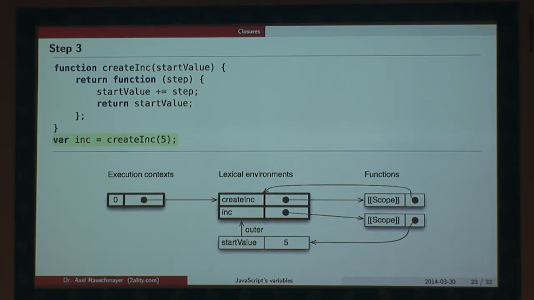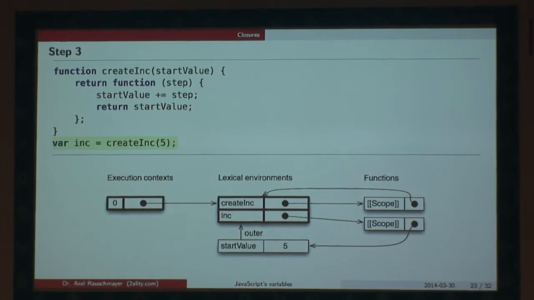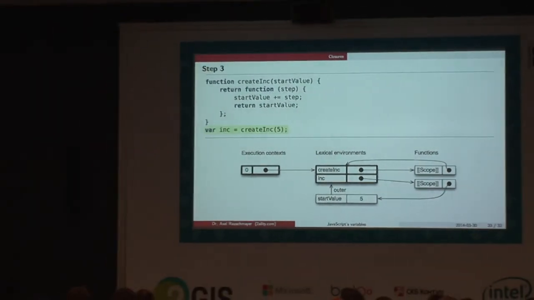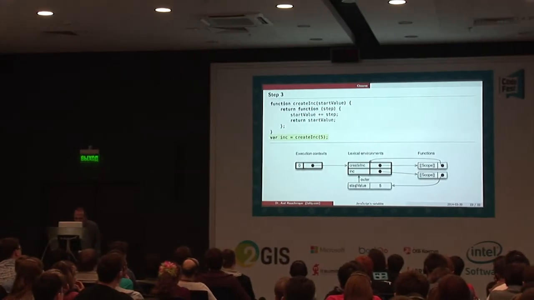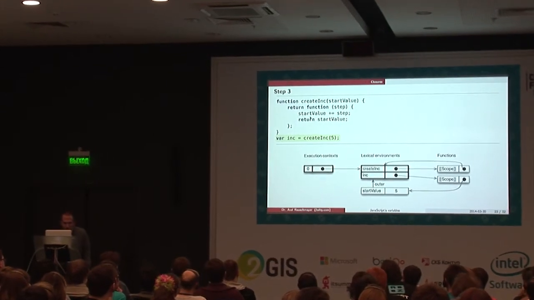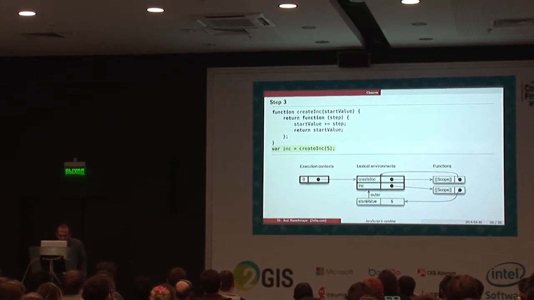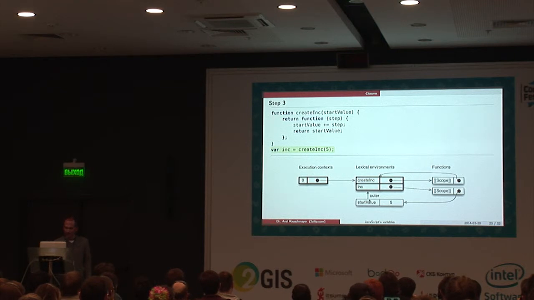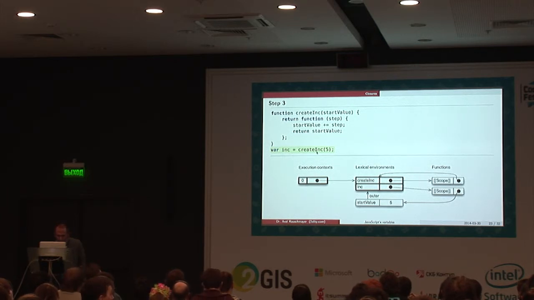It's like the stack and the outer, but you may have to look at it again later to figure out what exactly goes on. So what's important to note is that the environment of createInc stays around. It isn't garbage collected because inc refers to it, points to it.